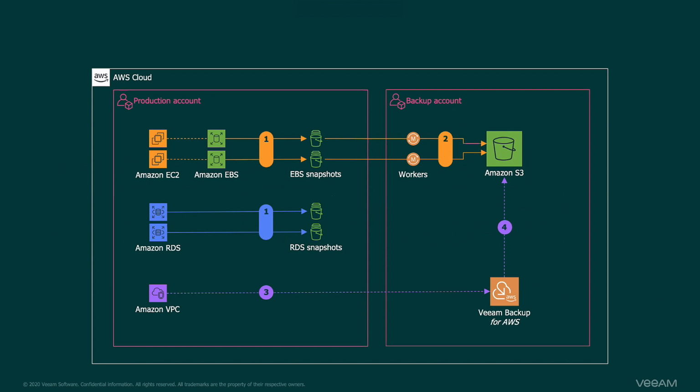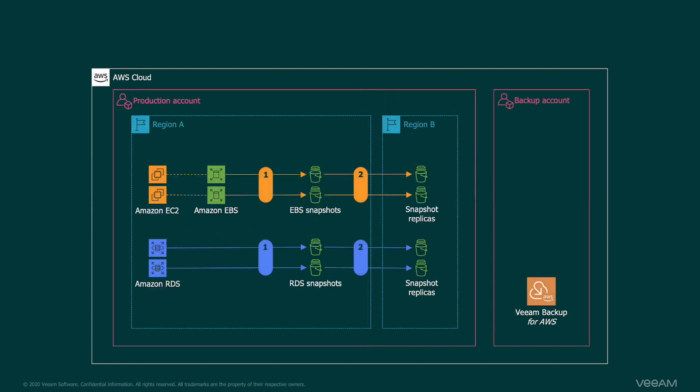We can also back up all the VPC configurations: the subnets, the security groups, everything you would need to restore in the event of recovering workloads if you accidentally deleted it or had configuration changes. We protect all of that by integrating seamlessly with AWS and meeting its best practices around security.